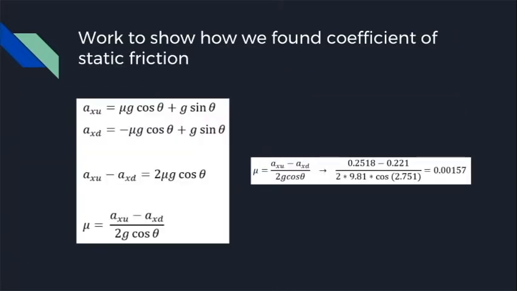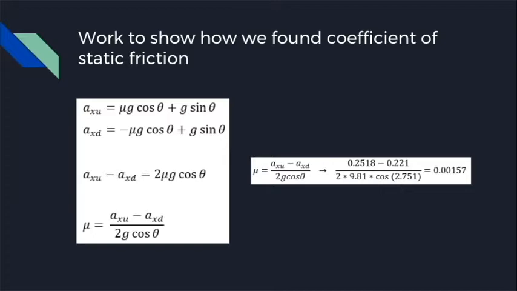Now, as our final step for finding the coefficient of static friction, we take our two final equations for acceleration, where the acceleration in the up direction is mu g cosine of theta plus g sine of theta, and the acceleration in downward direction is negative mu g cosine theta plus g sine theta.